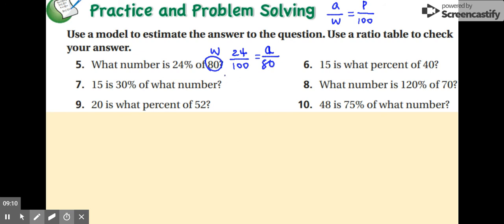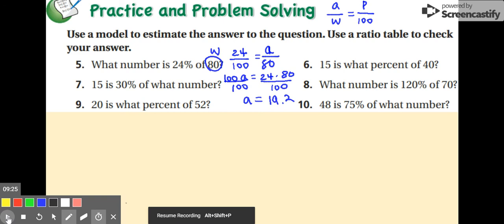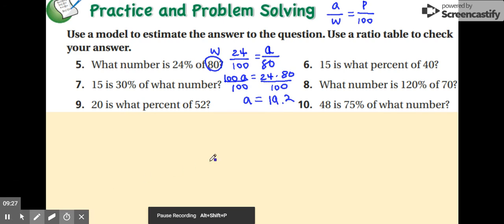So let's do cross multiplication. 100A is equal to 24 times 80. And then you know how to do divide by 100, divide by 100. So A should be, the A is 19.2.